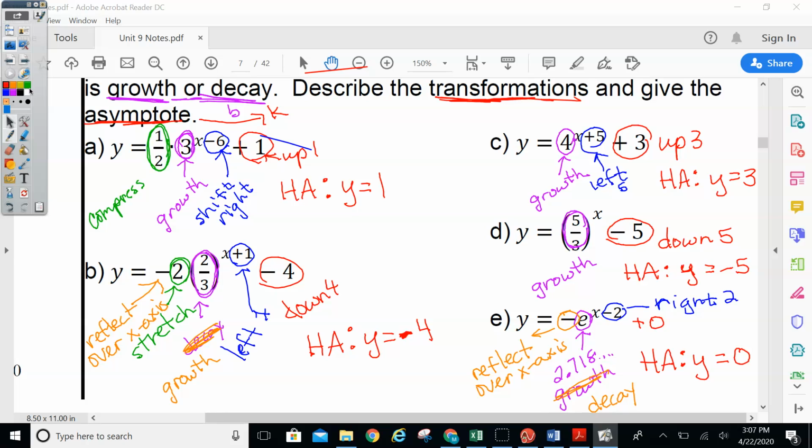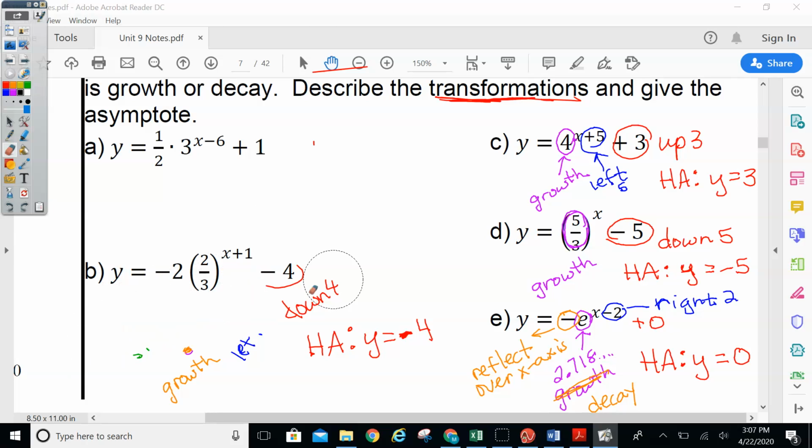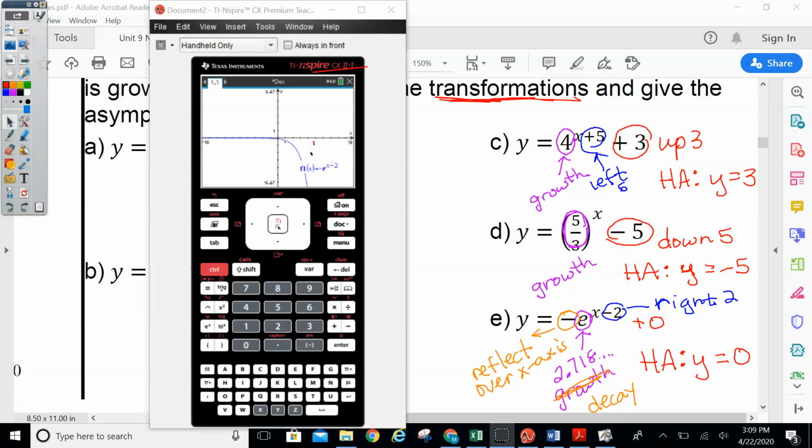So again, if we looked at this graph, let me kind of erase this over here. Alright, so again here looking at this graph, it was growth, so the original graph was flatlined here, and it went up.